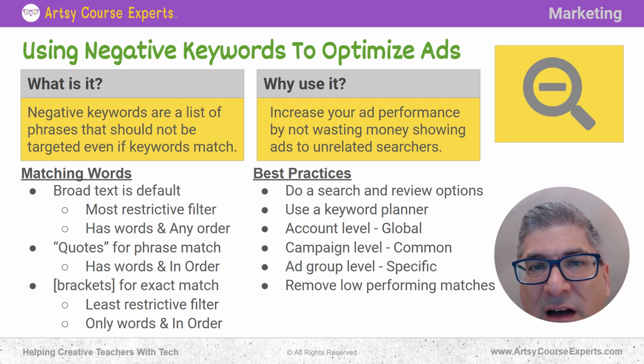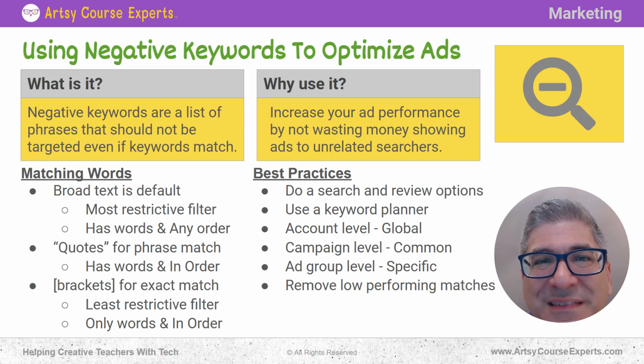So if you know that, go ahead and use negative keywords to filter out people so that when they do get to your sales page, they can go all the way through and that sales page really talks to them.